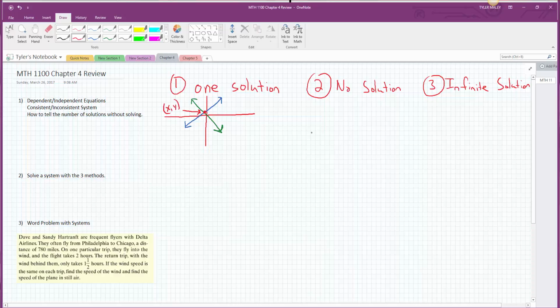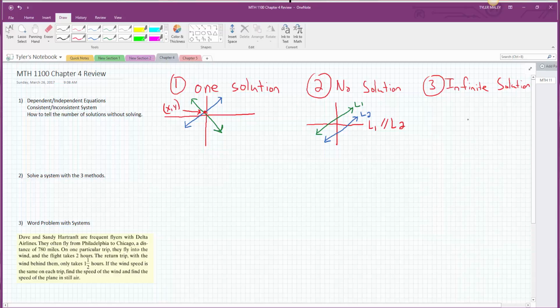right? In the case where we have no solution, what that looks like graphically are two parallel lines. So in other words, line L1 is parallel to L2, right?